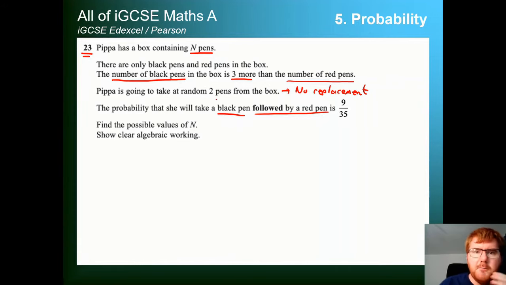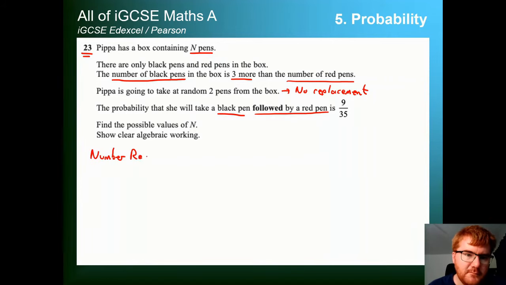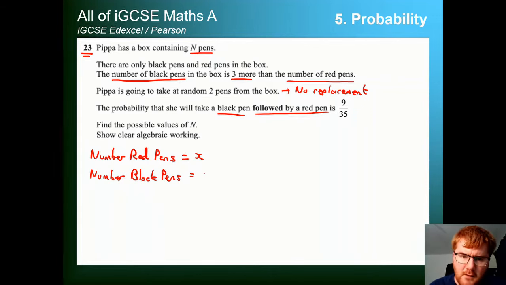And from this, we're supposed to try and work out the possible values of the number of pens in the bag. So before I get into this, I'm just going to identify some of these facts here with a letter. So for example, I'm going to say the number of red pens, just to give us something to work with here, is equal to x. And therefore the number of black pens, well, that's going to be 3 more than this, so it will be equal to x plus 3.